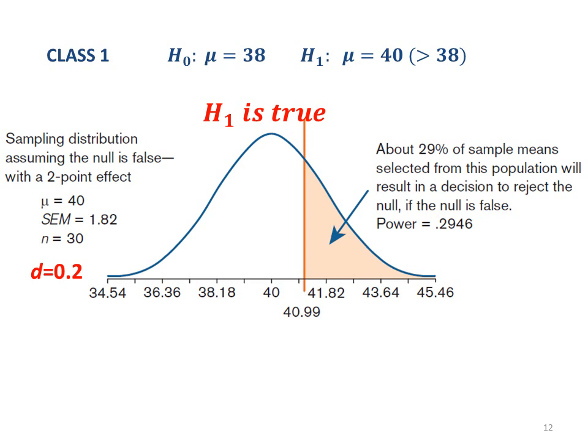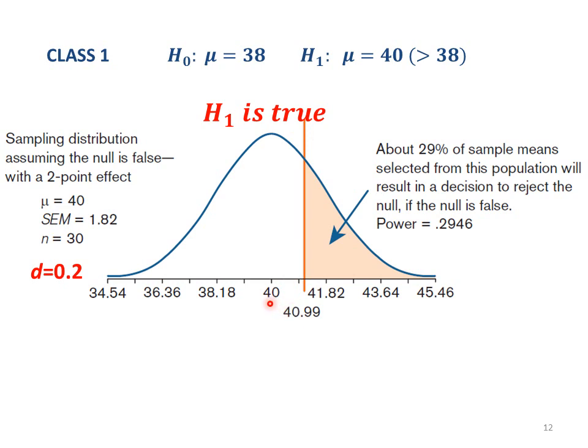If we obtain a sample mean equal to or larger than 40.99, we reject the null hypothesis and accept that the alternative hypothesis is true. So to determine the power for this test, we assume that the alternative hypothesis is true and the population mean is 40.